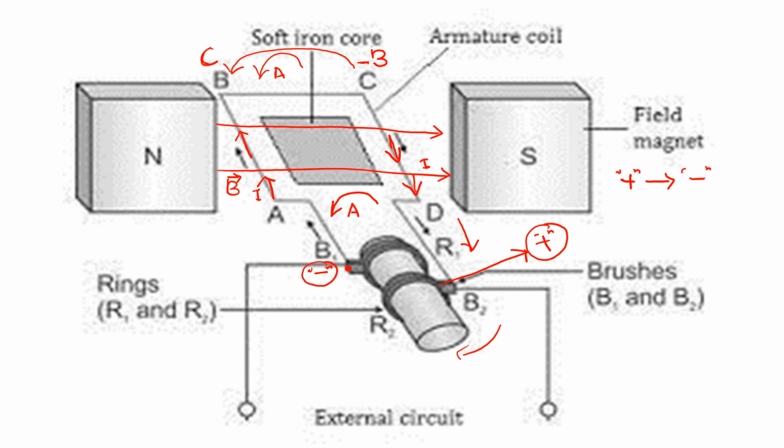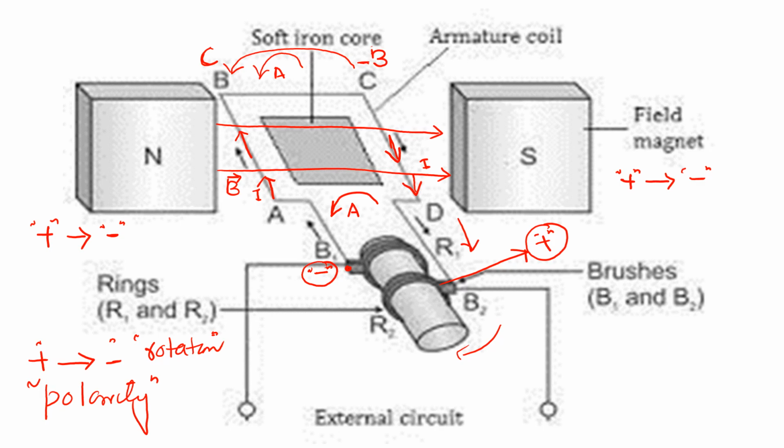So there will be a switching between positive terminal and negative terminal, which is basically called a switching of polarity. And this switching of polarity continuously switches with respect to the rotation of the armature inside the permanent magnet.